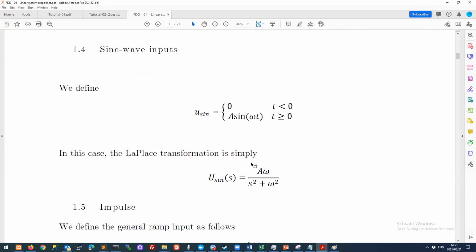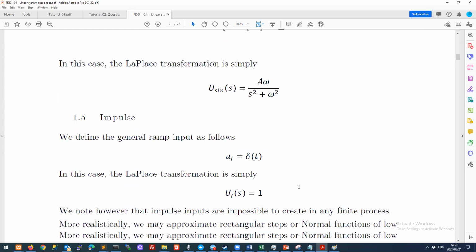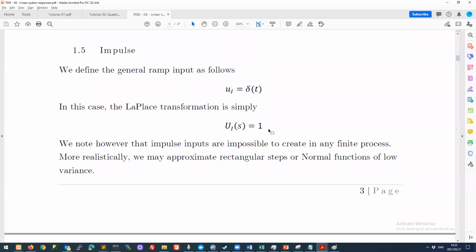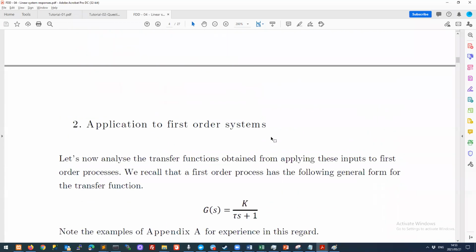What we want to do is think about, if we apply these into our process, what's the response going to be? There are, of course, you can imagine many different types of functions. If you apply a sine wave instead, then it turns out the Laplace transformation of that is this one. And then if you use a Dirac delta increase, then it's a 1. We showed that last week as well.